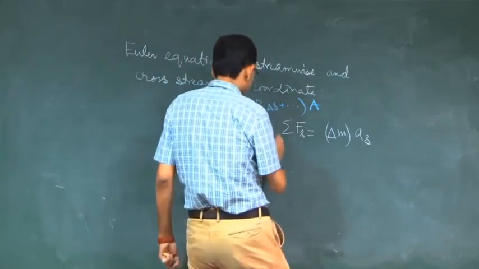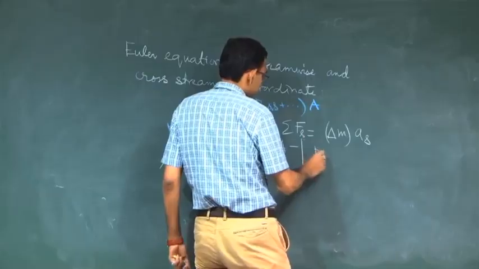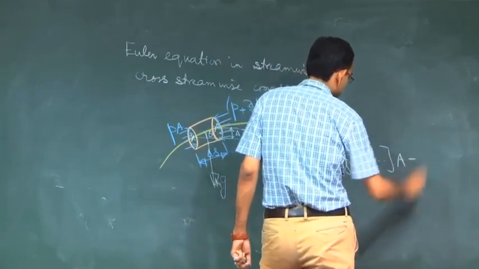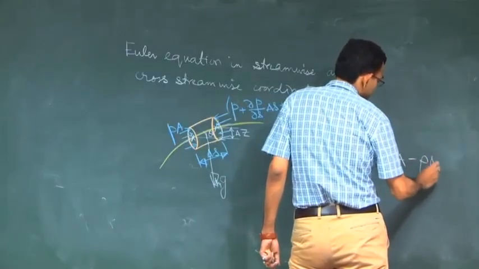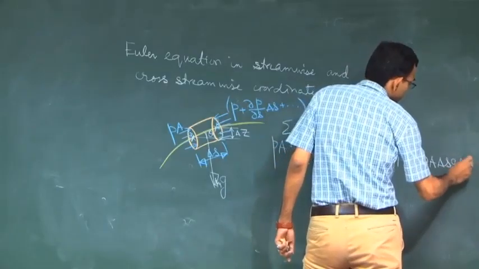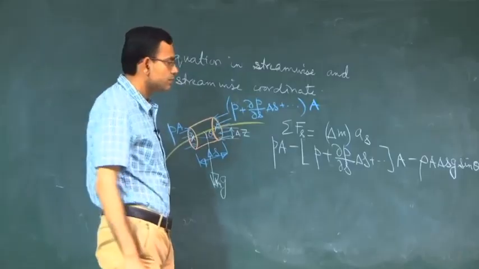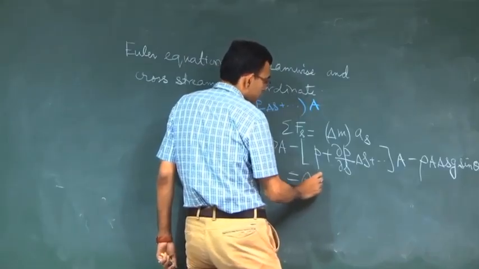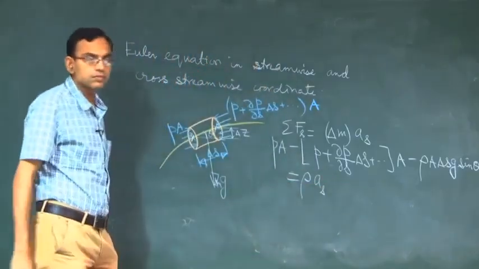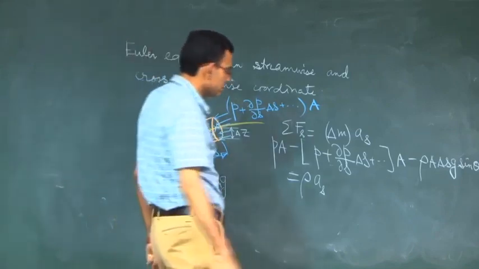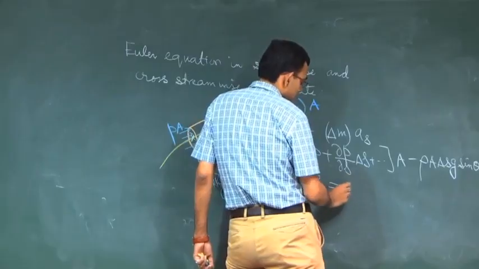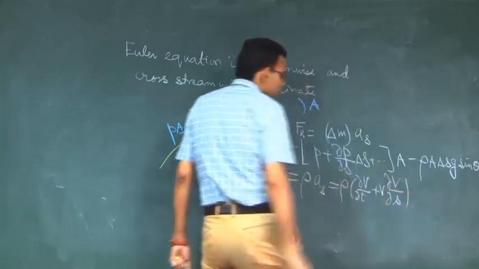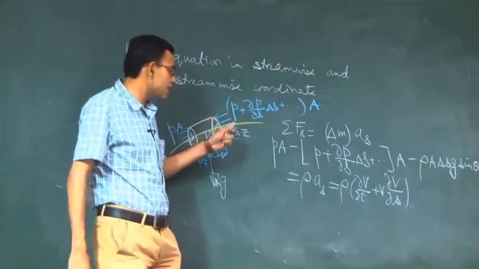So, P into A ... as I told you, with respect to the streamline coordinate it is a one-dimensional type of flow.